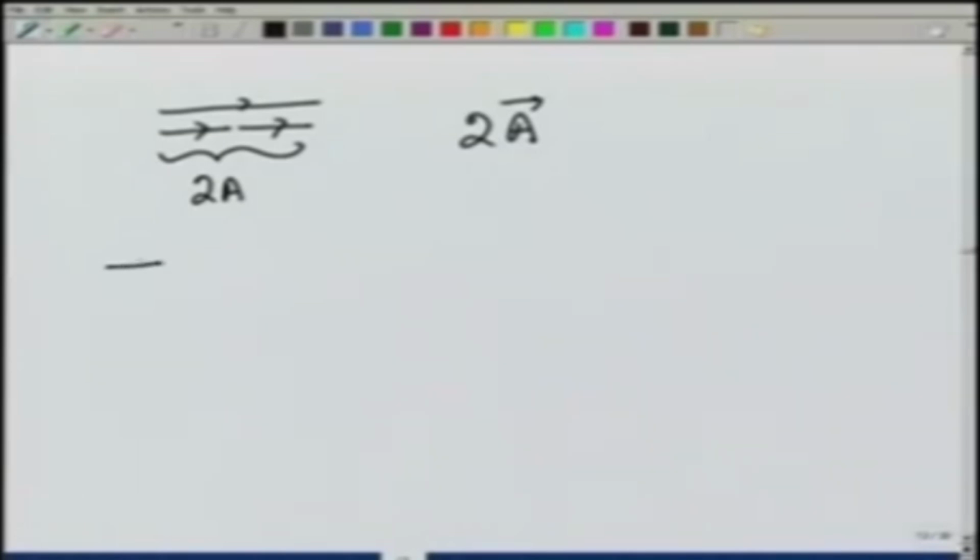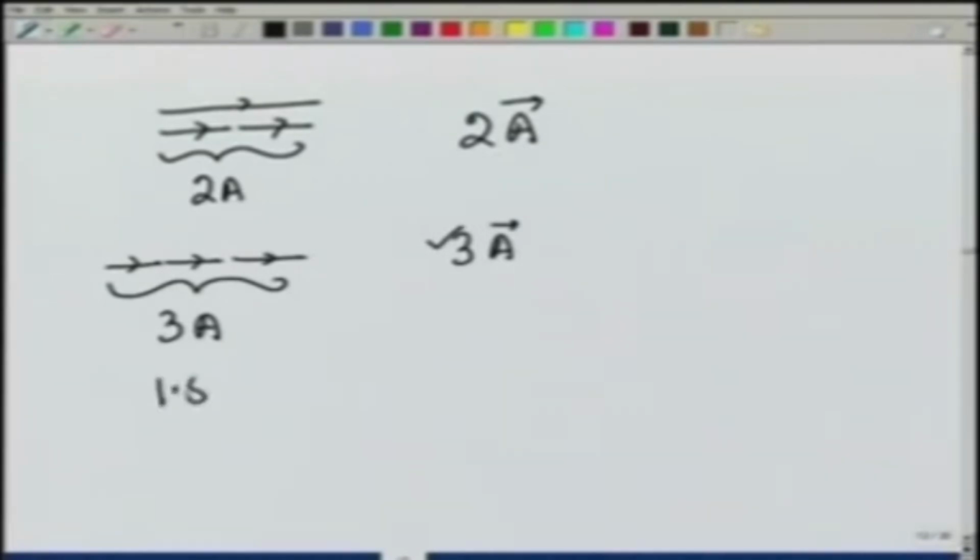Similarly, if I add 3 vectors, the magnitude would become 3 times A, and it is in the same direction as A, therefore, I can write this as 3A. So, this defines the multiplication of a number with the vector. It is nothing but adding that vector that many times.